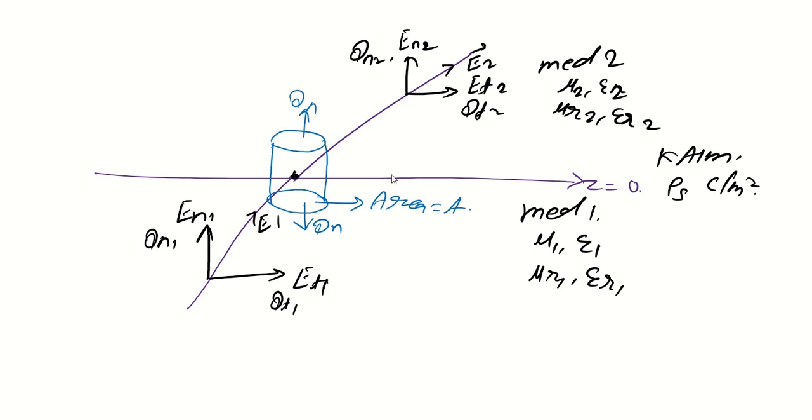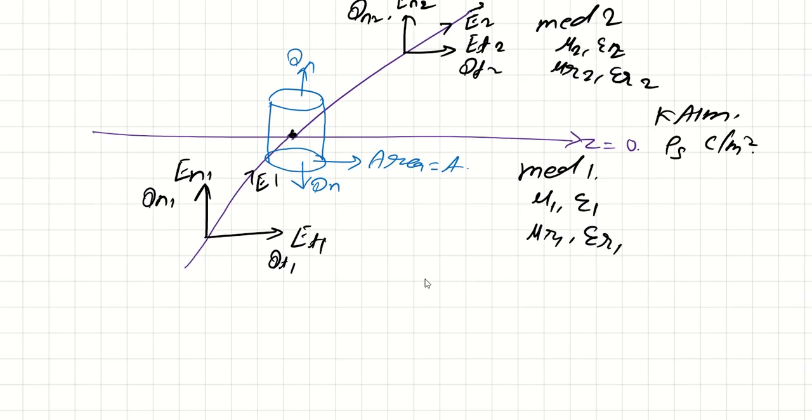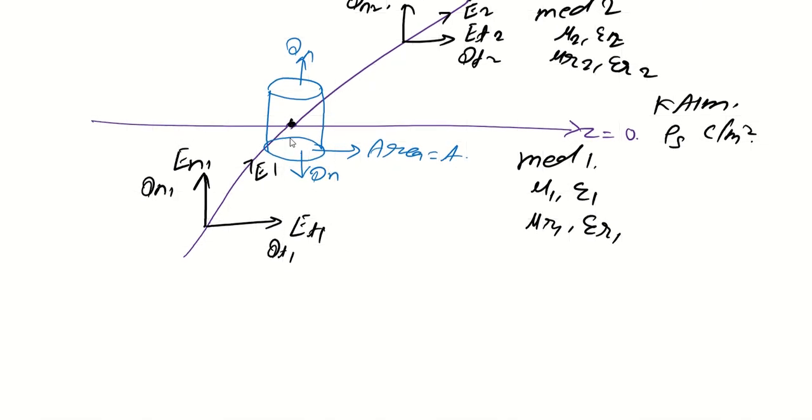Now what we will do is, we will try to find a Gaussian surface over the surface, and we will see how it can be done. So suppose the Gaussian surface area we are considering as A.